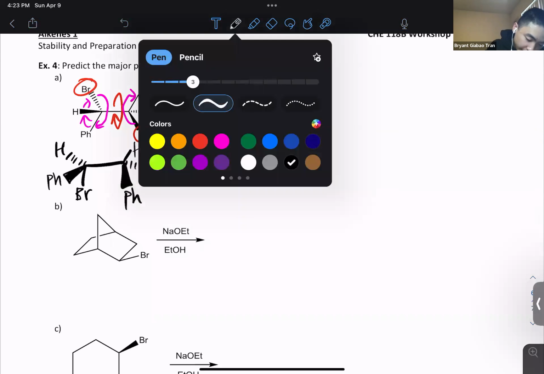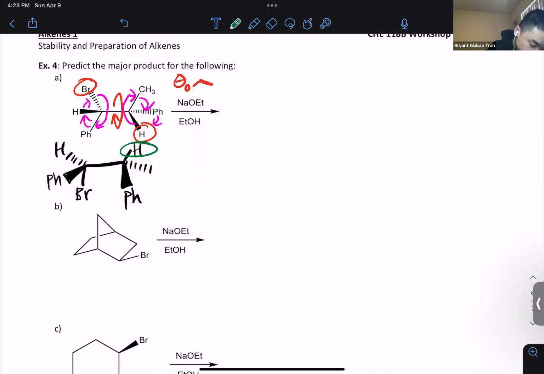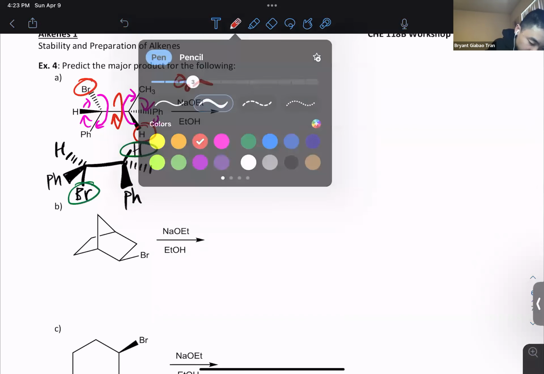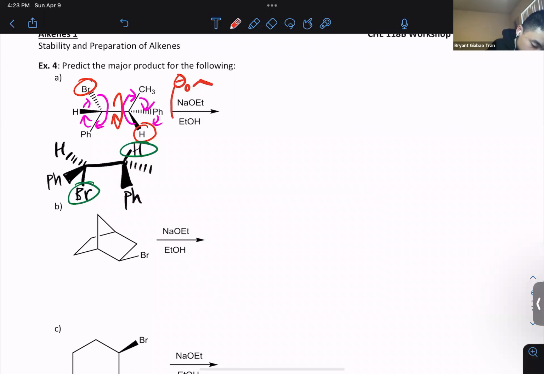So now we see that this hydrogen is anti-periplanar to this bromine group, where this ethoxide, a small strong base, strong nucleophile, can attack that hydrogen, form the double bond there, and then kick off the leaving group bromine. Then what we're going to get is that we're going to get the dashes on the same side and the wedges on the same side.